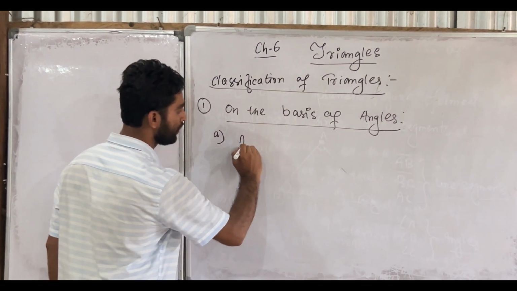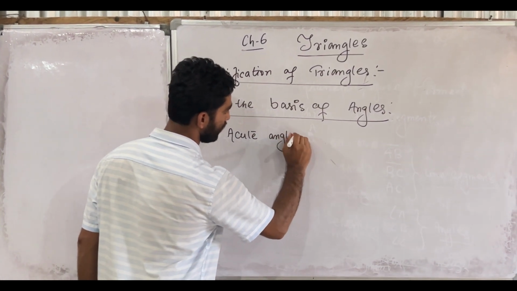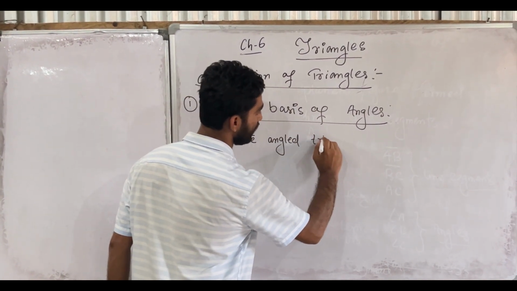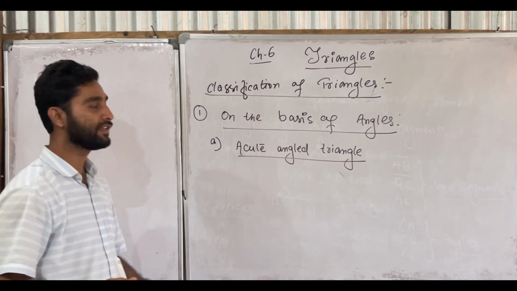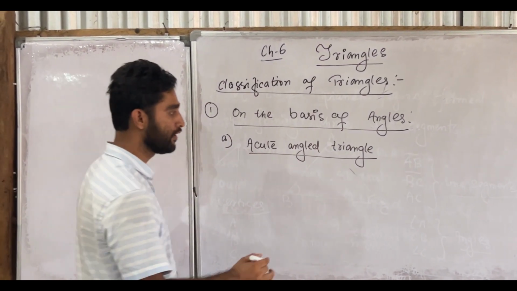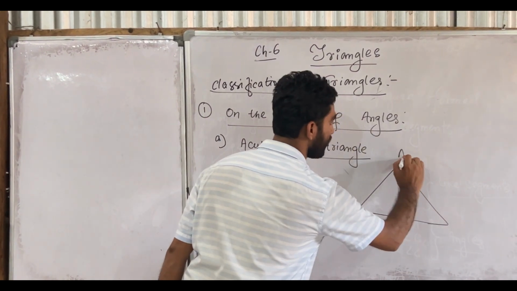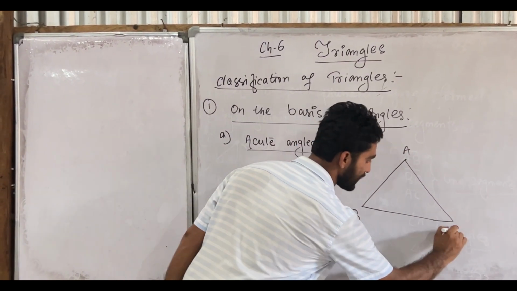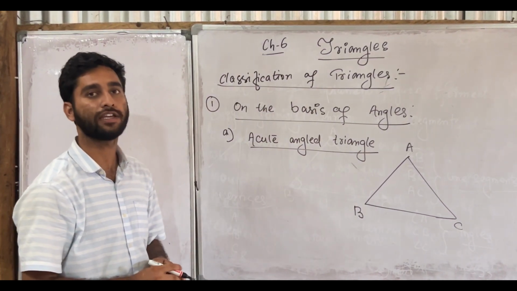First one is called acute angle triangle. So what is acute angle triangle? If in a triangle all the three angles are less than 90 degrees, then this kind of triangle is called acute angle triangle.